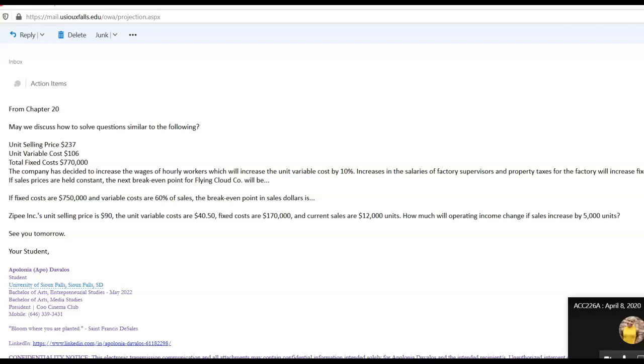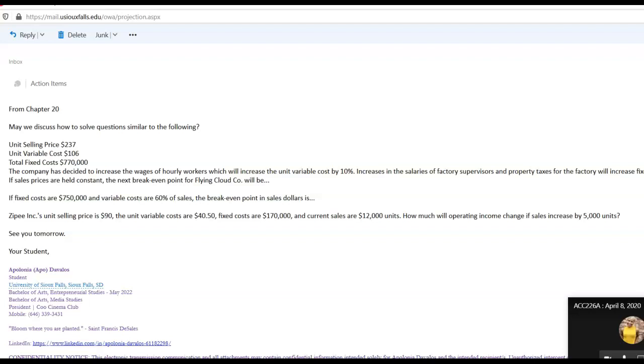Let's keep reading down. This is good. If fixed costs are $750 and variable costs are 60% of sales, the break-even point in sales dollars is, okay, well, first, let's go back. Sales is 237. Variable costs, now, it says 60% of sales.